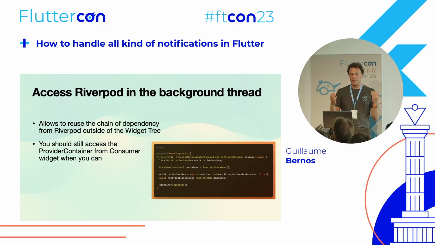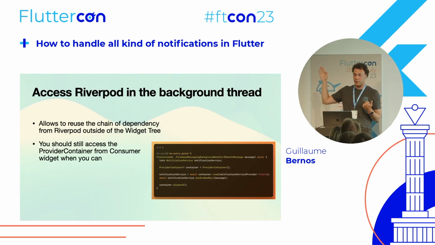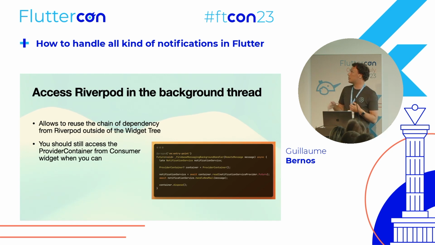So when using a background handler, you can directly initialize a ProviderContainer, which is the main thing that is created when injecting Riverpod in your widget tree. And then using this container, you can read all your providers normally and do everything you have to do to handle the new email.